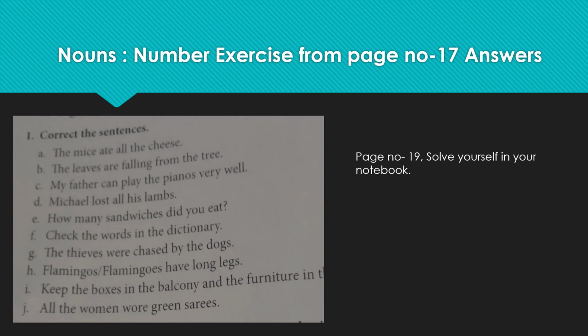Now tell me, if the singular noun ends with O, what do you have to use to make it plural? For example, potato, zero, mango, volcano are given, singular noun words like this. Then after O, you just add es and complete the plural form. If there is a singular leaf, L-E-A-F, then you have to cut the F. And instead of F, what do you have to add there?